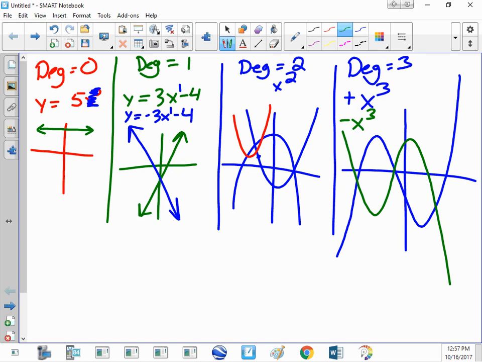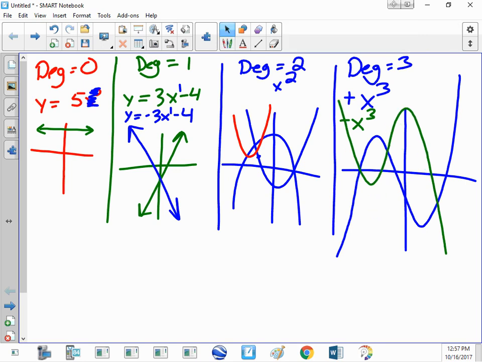Now, that might not be the correct graph. The graph might actually look like that, and it only hits once. Or, if I bring it down, it could hit twice, or it could hit 3 times. So the degree tells you how many times it could hit. So an x to the third could have 3 x-intercepts, or 2, or 1.